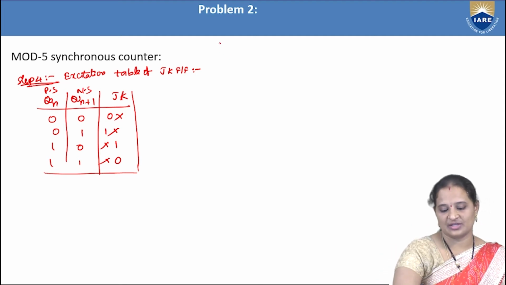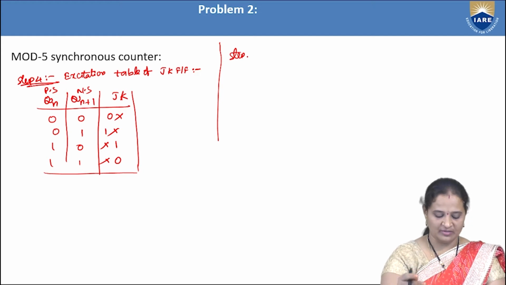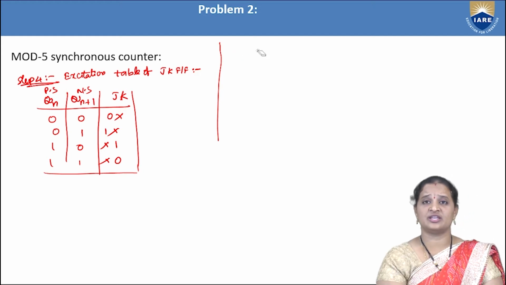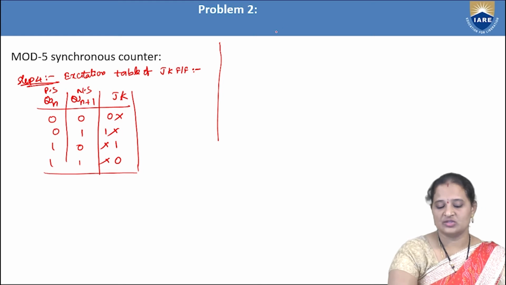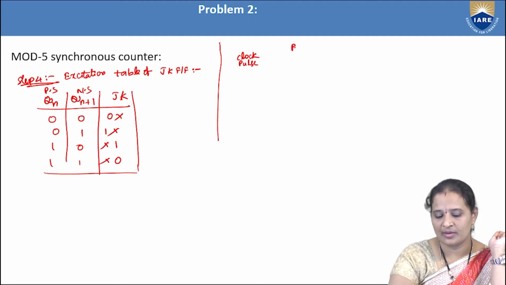After this excitation table, we need to derive the excitation table of the counter. In order to design the excitation table of the counter, first I am considering the clock pulse, and then the present state.